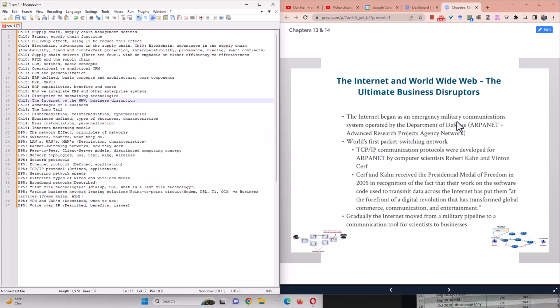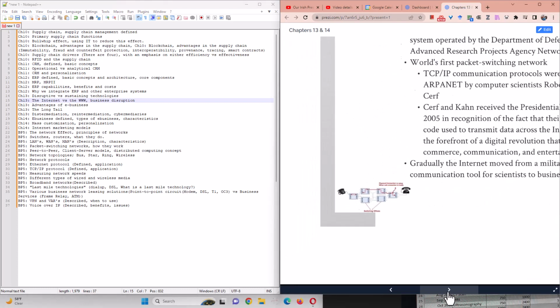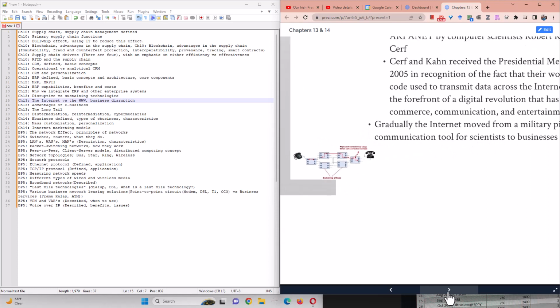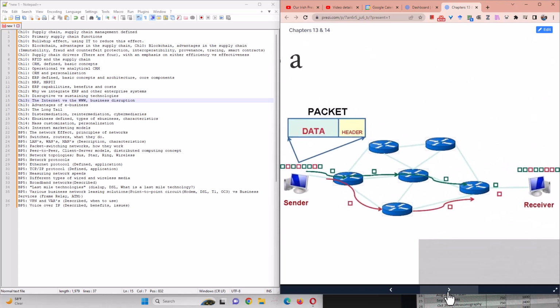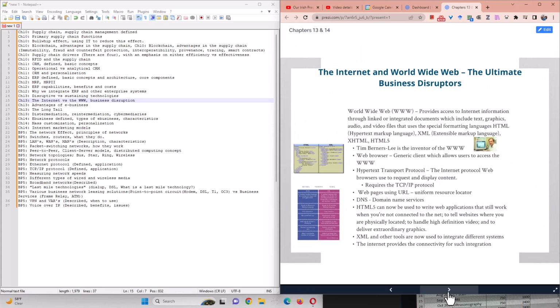You might get a question on the history of the internet. There certainly will be a question regarding what packet switching is, so I would be familiar with that. You also should recognize that the World Wide Web and the internet are not the same thing.